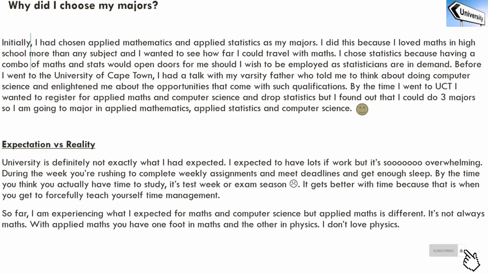And then I changed my mind. I decided to drop stats and then take computer science. But when I got to UCT during orientation week, I was told that I can actually do 3 majors. I can register for 3 majors. Then I was like, okay, I'll do applied mathematics, applied statistics, and computer science.